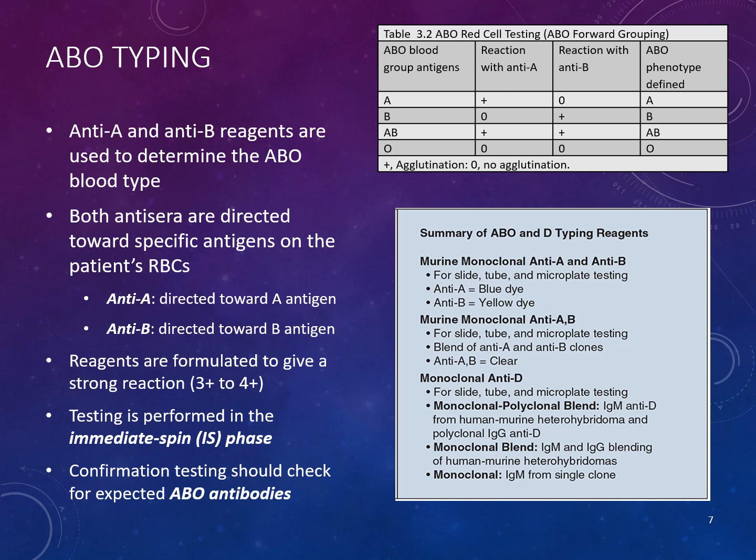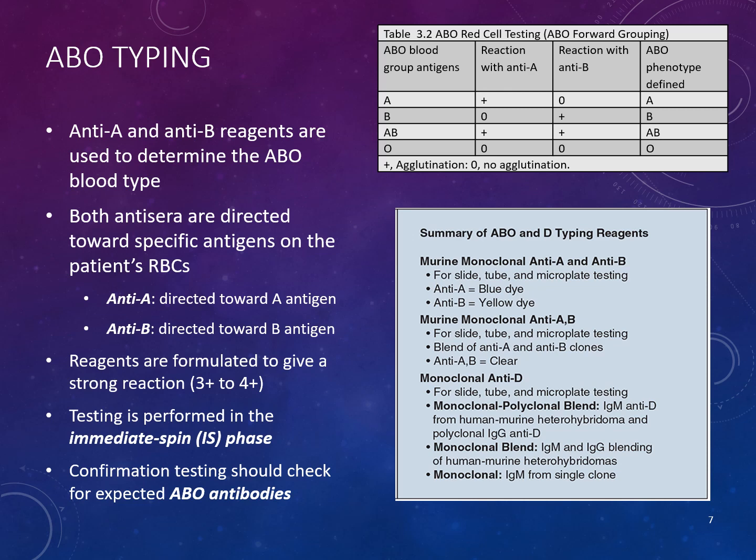If we have known antiserum and we are directing it against a patient's antigens, then those antigens are unknown. If there is agglutination, that means that antigen is present, because we just put antibody against that antigen to see if it would agglutinate. So both antisera are directed towards a specific antigen on those red cells.